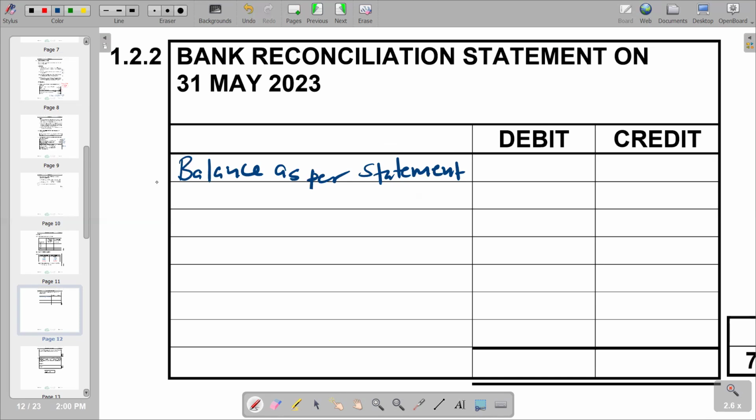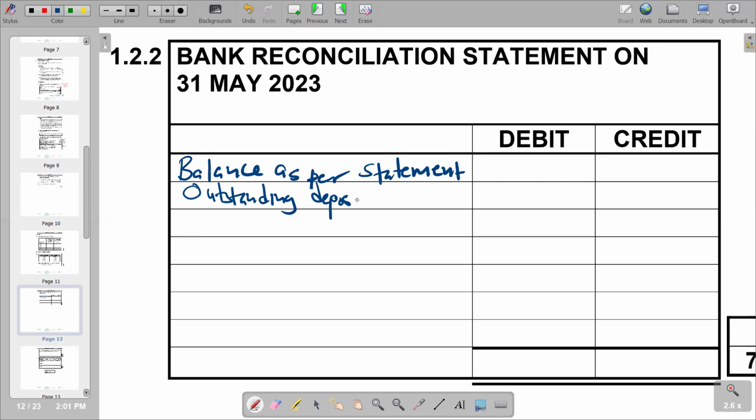So moving on now to the errors that we have, we can just refer back. Remember, we are supposed to start with our outstanding deposits.